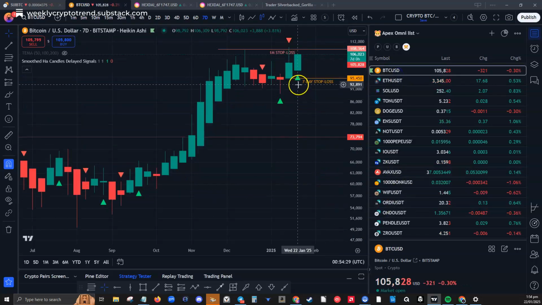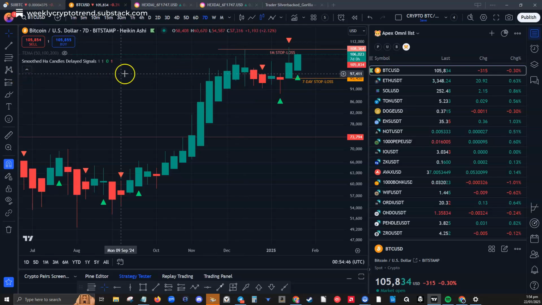We're looking at Heikin-Ashi candles on the 7-day, not the weekly, the 7-day. If you don't have the 7-day chart, subscribe, and I'll be coming out at the close of the 7-day chart candle every single week. So if you want to only look at your charts once a week, this is what you want to subscribe to. Smooth Heikin-Ashi candles with delayed signals is what you want from the indicators.